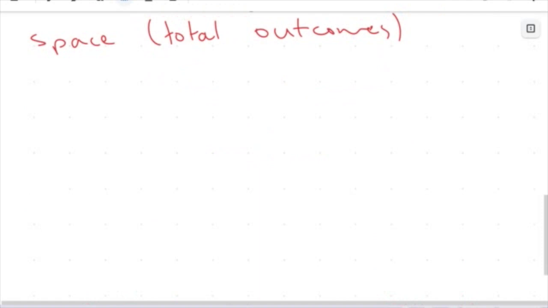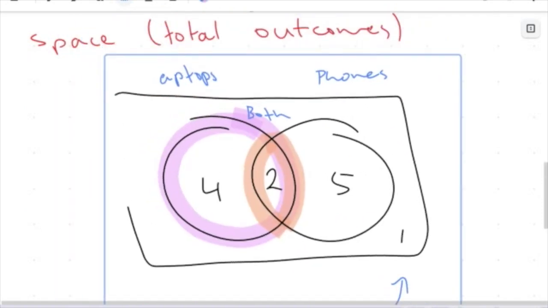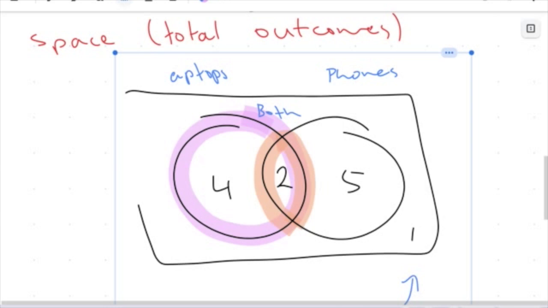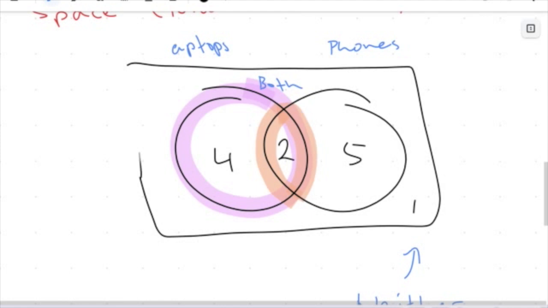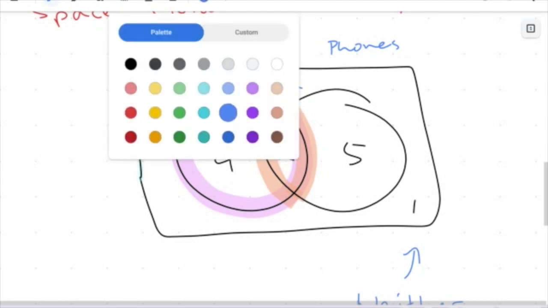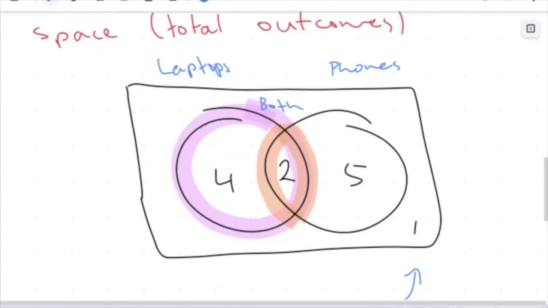Sorry guys, this is glitching a little bit, but if I consider the previous info that I had, so I close this and I have my same information.